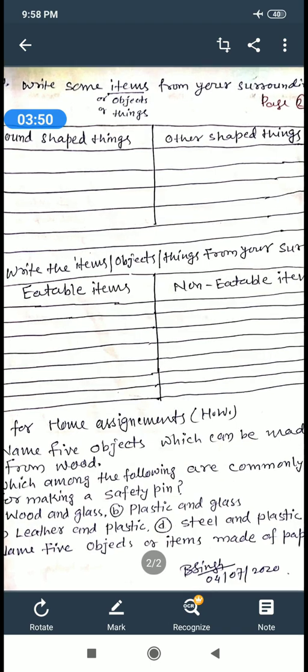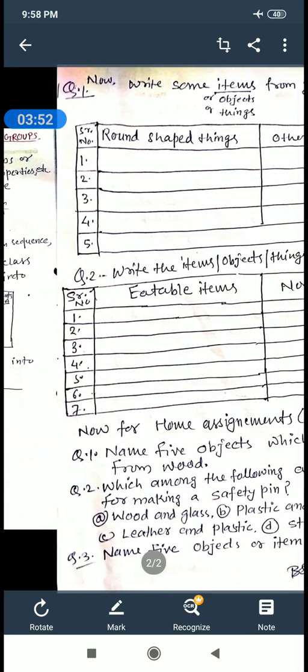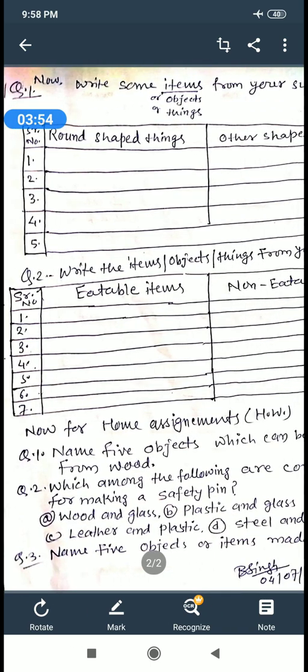Now the question is for you. You observe many items, objects, things in your house, in your school, or in your surroundings, like the playground or other places.